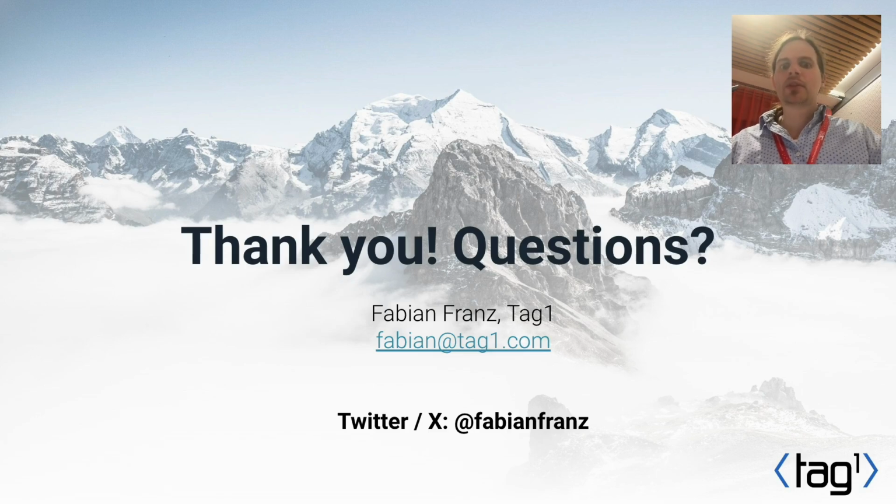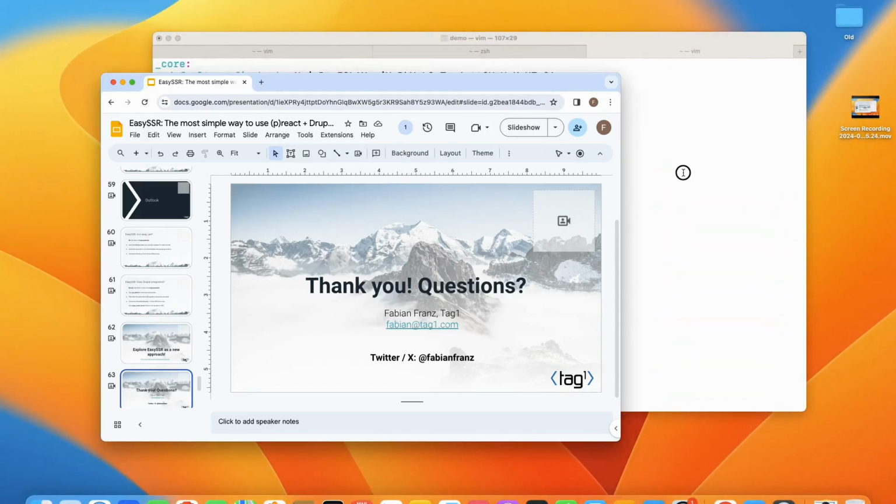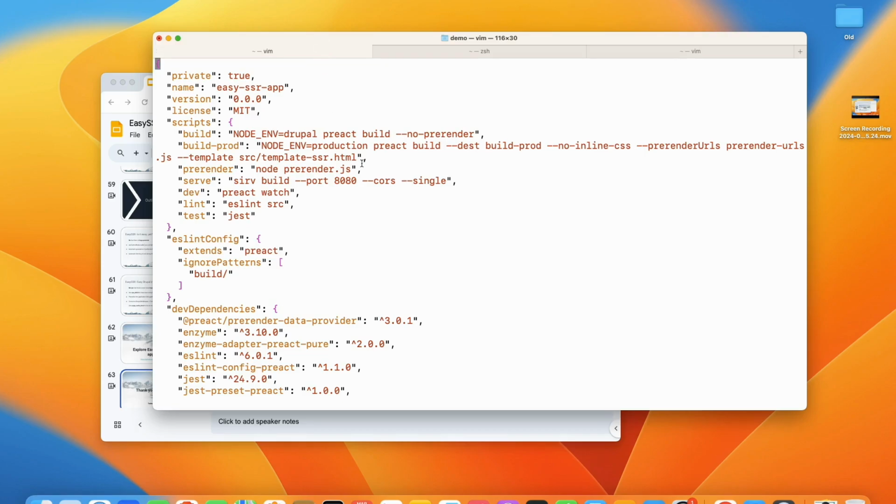Seems like we have no more questions right now. Then we can just look at the pre-React package JSON config. Essentially what I did for this application was three things. There's a normal build, which is no pre-rendering at all.